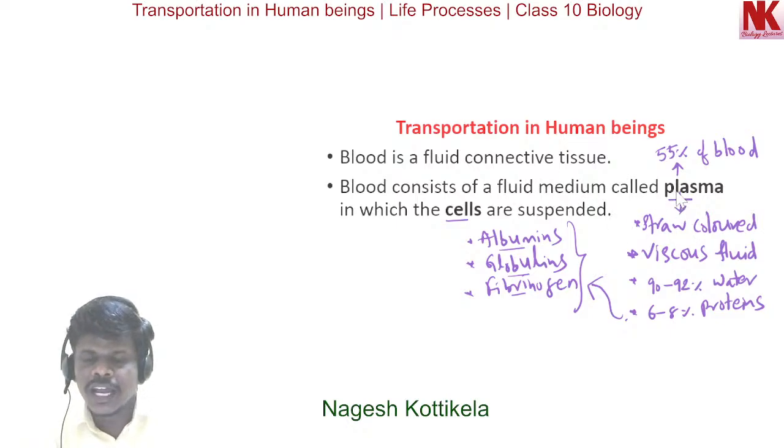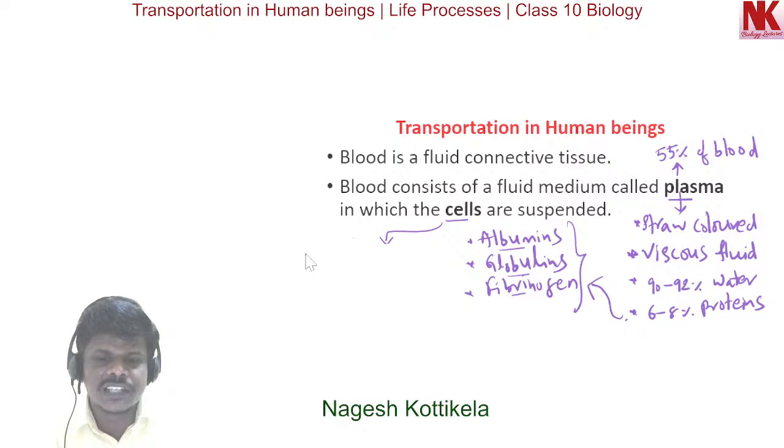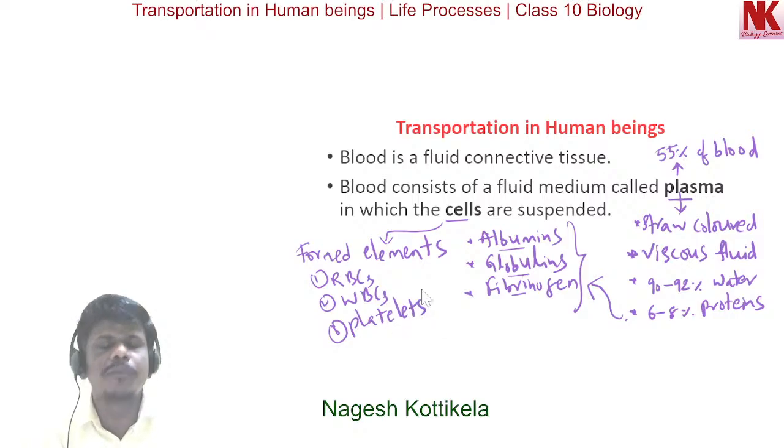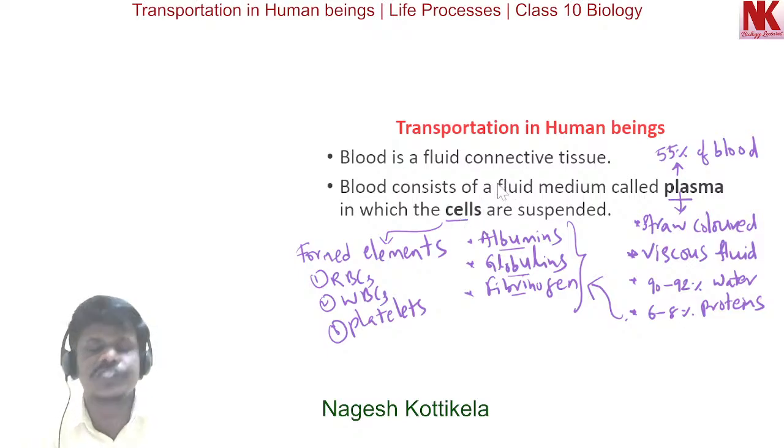Along with these contents, the cells, called formed elements, are present in blood, and they include RBCs, WBCs, and platelets.